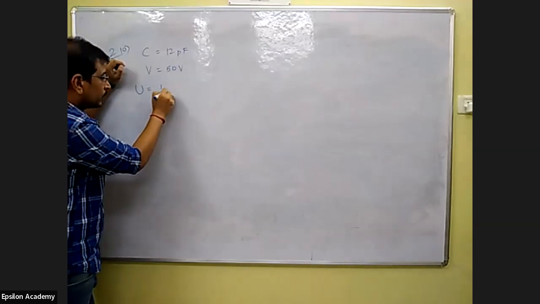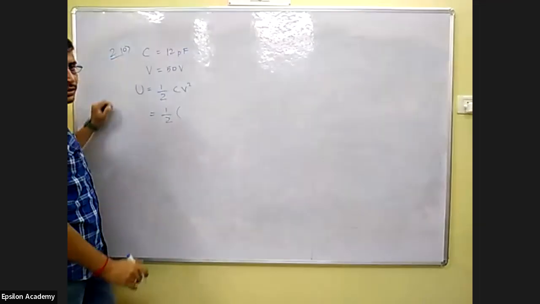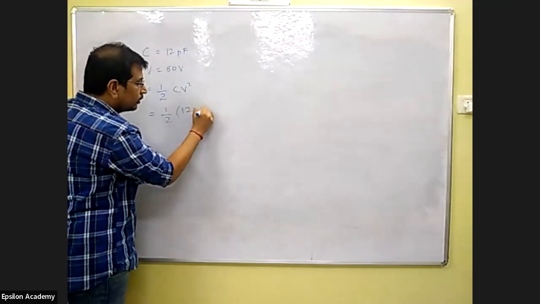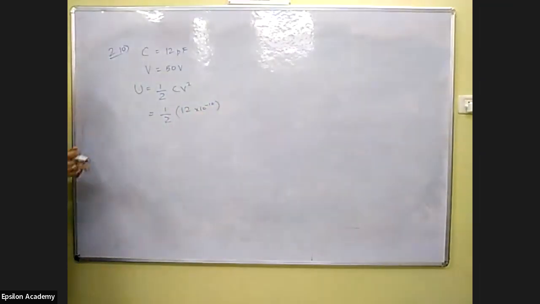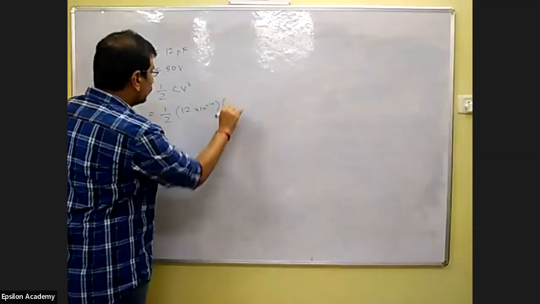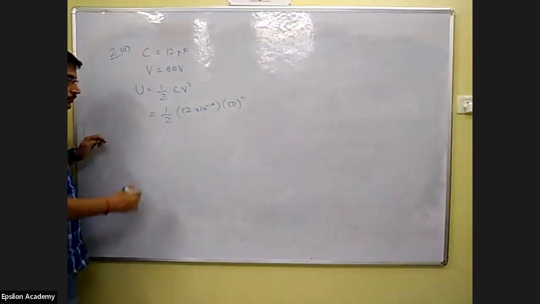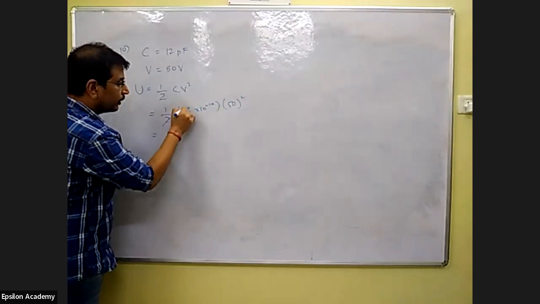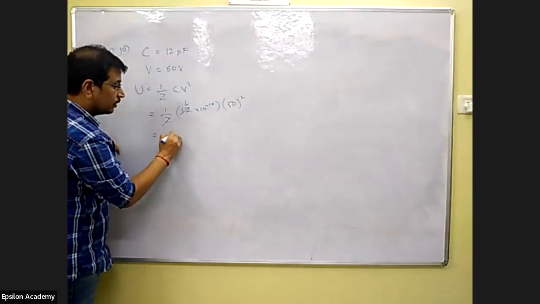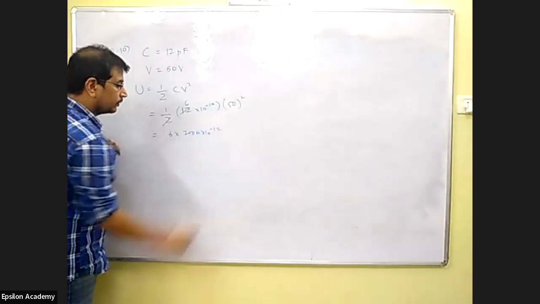Half CV square. So half into C is how much? 12 into 10 power minus 12. So convert everything to standard units. 12 into 10 power minus 12 into the potential difference squared. So this is going to be 6 into 2500 into 10 power minus 12.